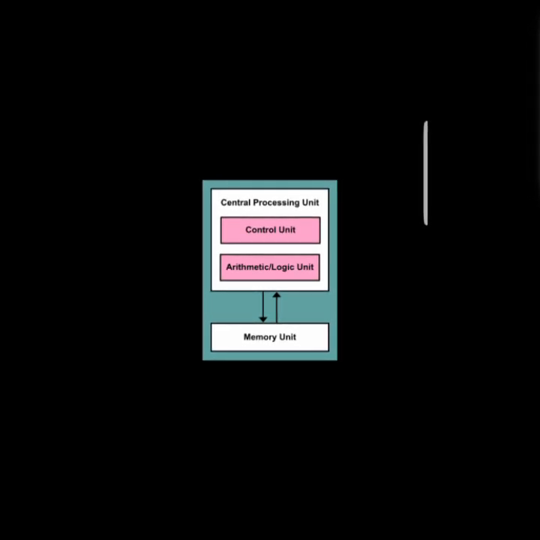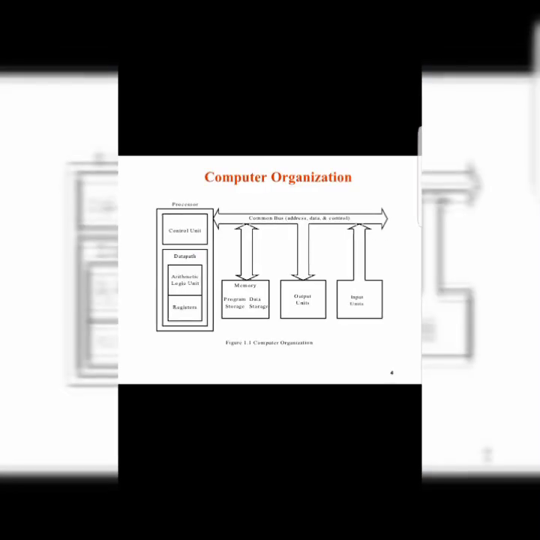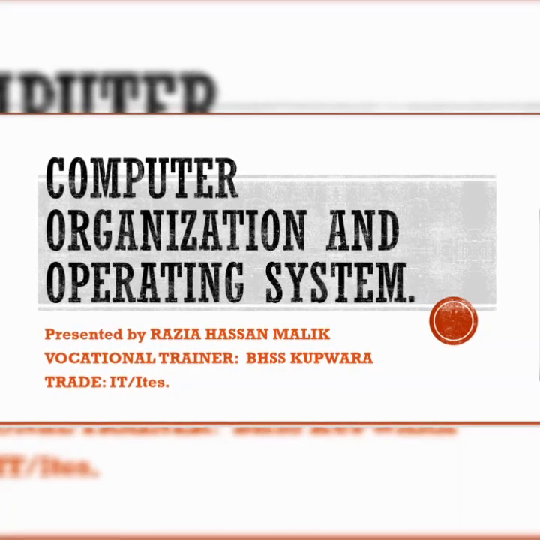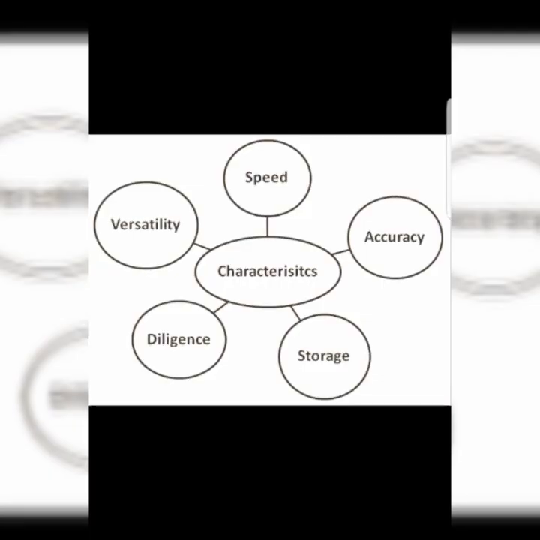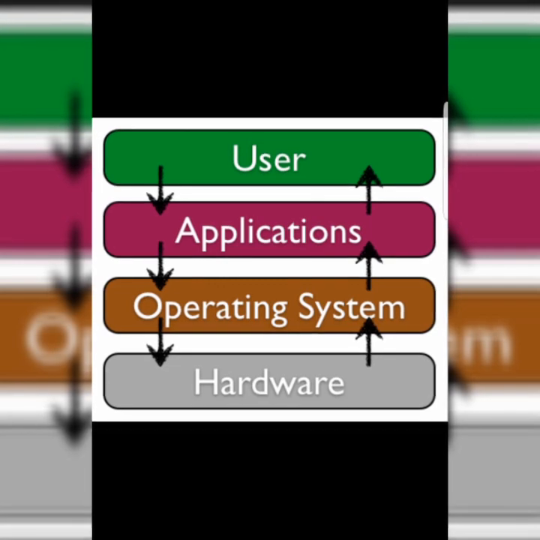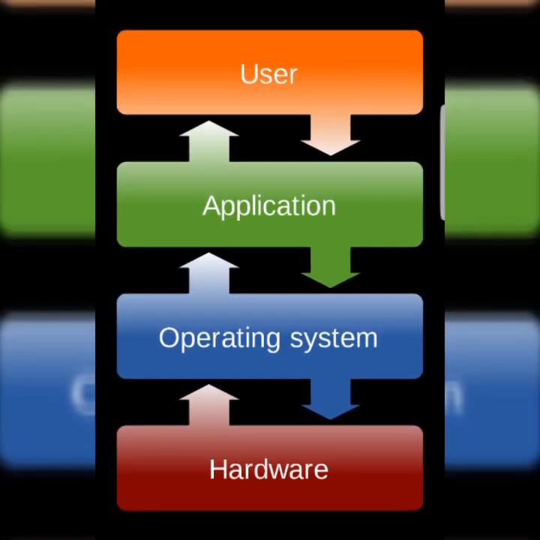We have a term, garbage in, garbage out. That means when we give garbage input, then we get garbage output. Garbage will be either entering wrong input or giving a wrong instruction.